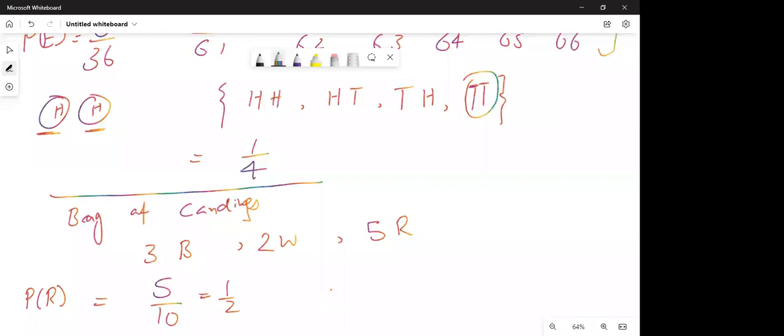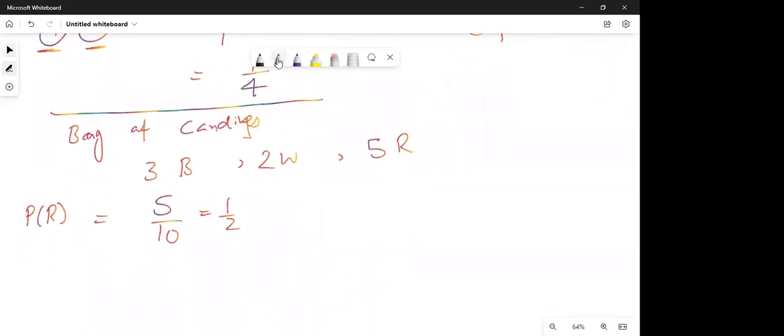Now from the same bag, you took one candy out and let's say you eat it. Then I ask you, what is the probability that the next candy you pick is white? Now this second event is not independent. It depends on the first event.